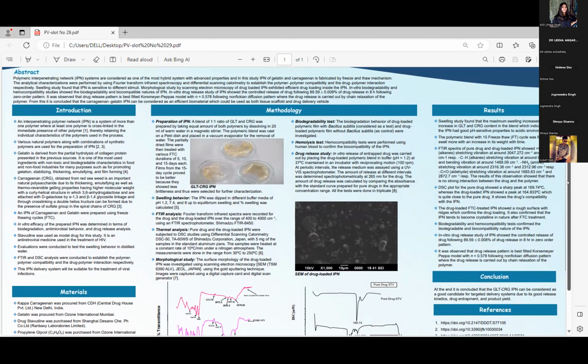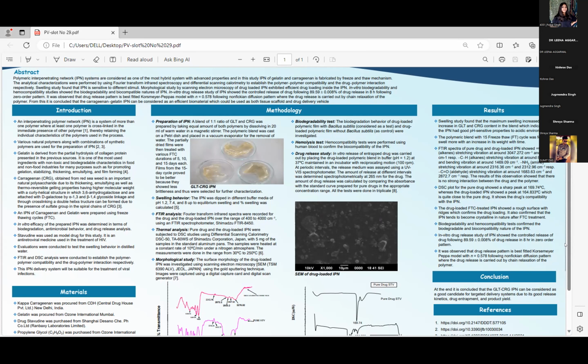I found that my formulation showed a better result at pH 1.2 due to the groups present in the polymeric chains of both polymers. It showed better swelling at pH 1.2 because they possess COOH groups, which are ionized at pH 1.2, leading to increased swelling.